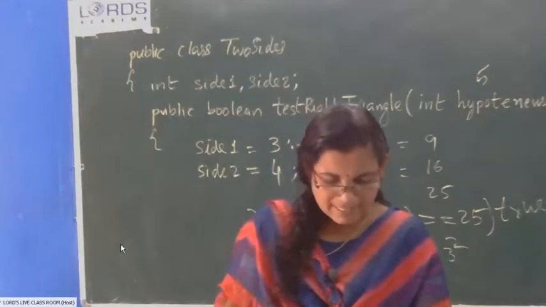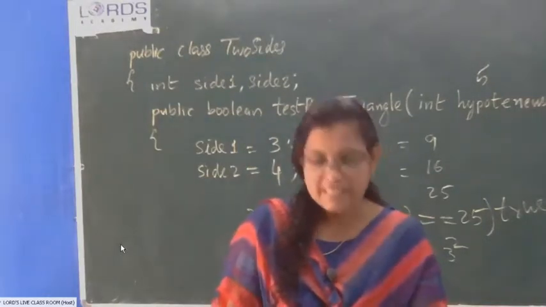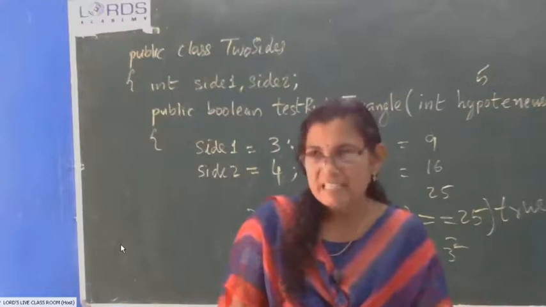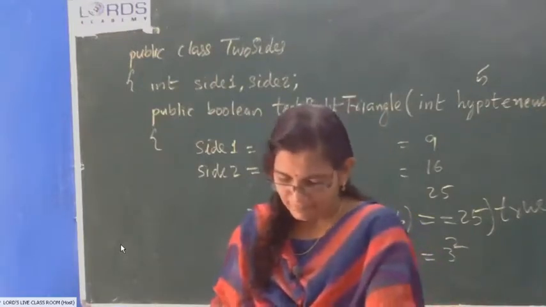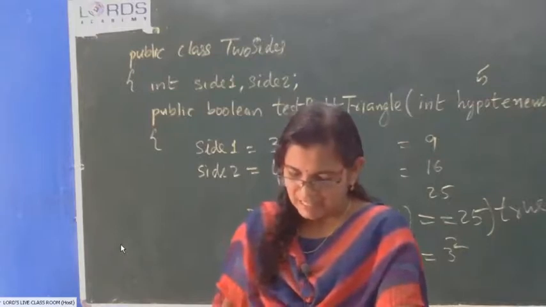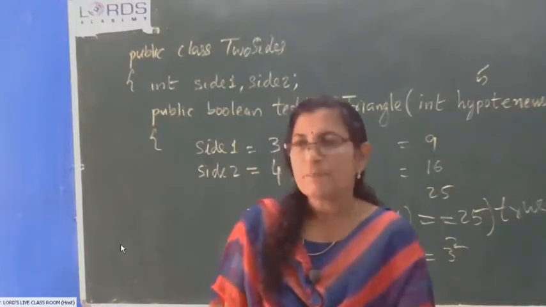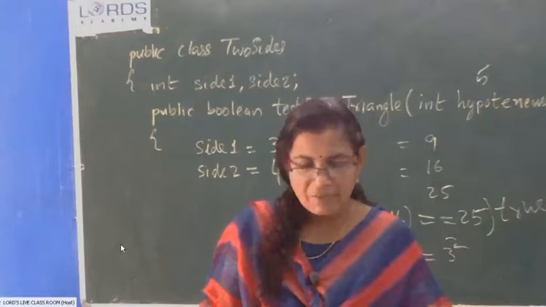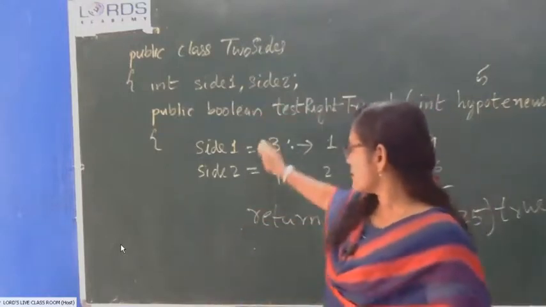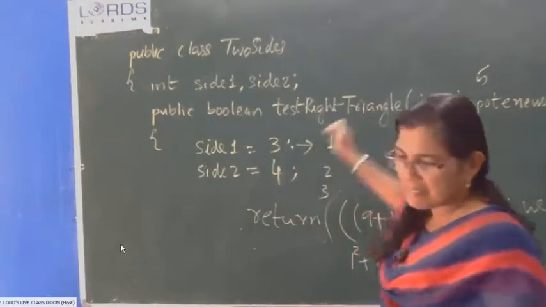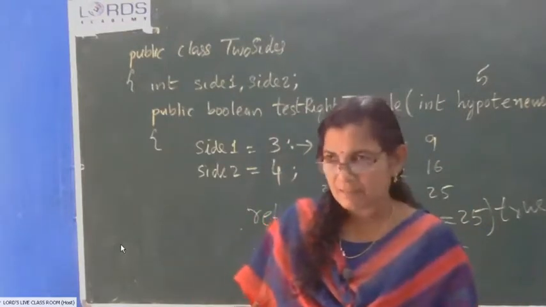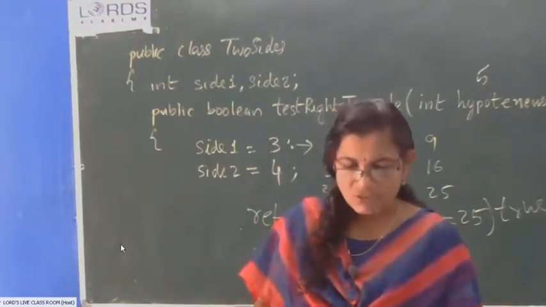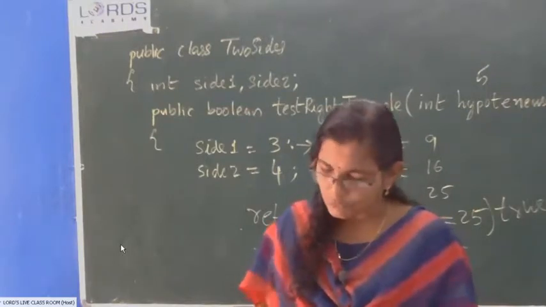The second program is with the multiple return statements, that is public class discount. Third program is from the scope of variables, public class two sides. You have to make some modification in the program that I have already told you, to include these two statements in the test right angle triangle.